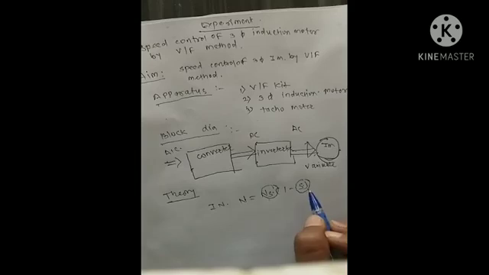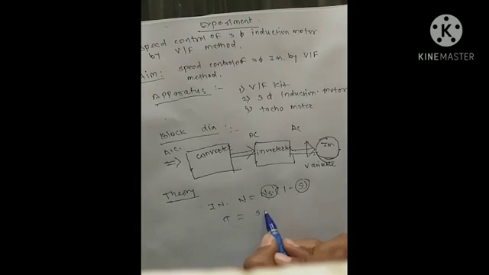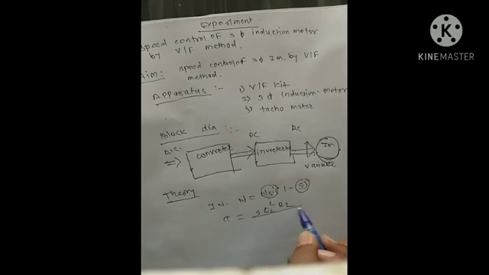So the torque is given by tau equals s E2 square R2 upon (R2 square plus (s X2) whole square).